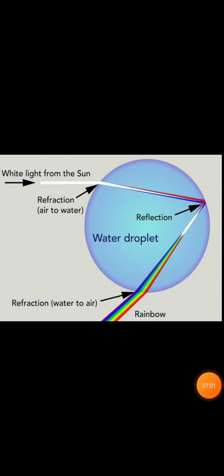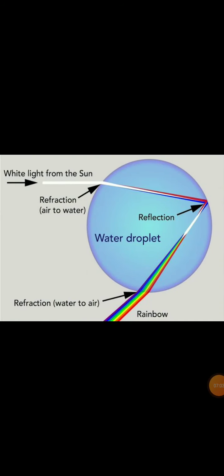So let us once again revise it. White light, which is sunlight, is striking on the water droplet, which means a ray of light is entering from air medium to water medium. Three things will happen: refraction, reflection, and dispersion also.